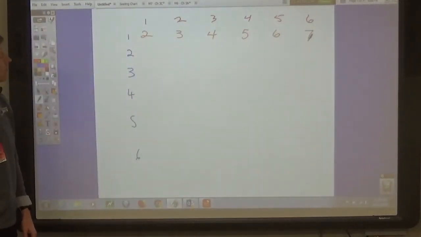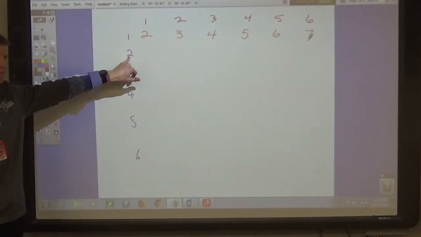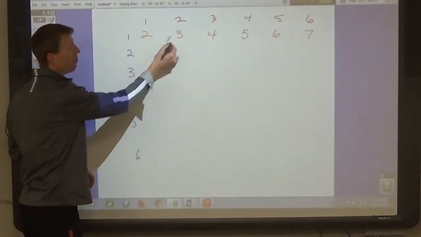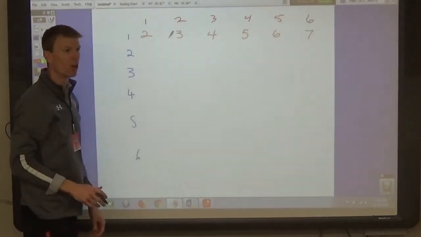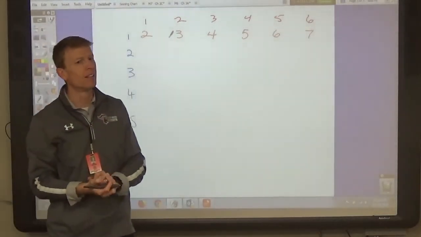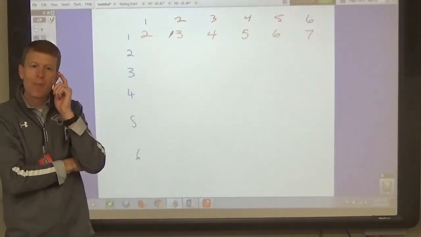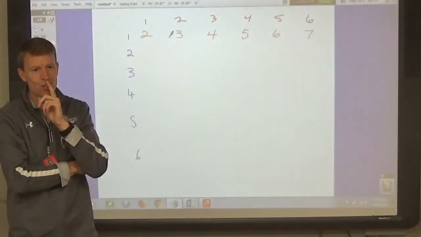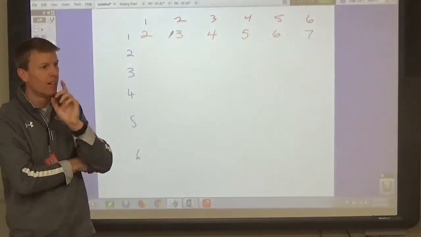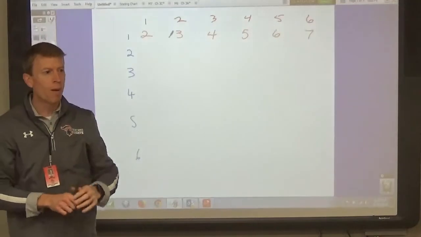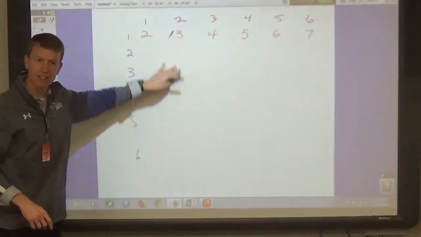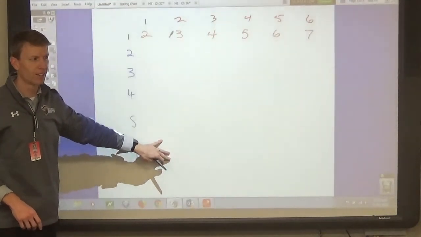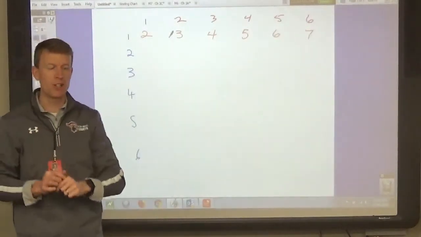Right? How about the 2 and a 1? Sam? 3, but we already have 3. So that's not a different sum, is it? So by writing down the possibilities, you can actually count, can't you? You can count the different sums that you can get.